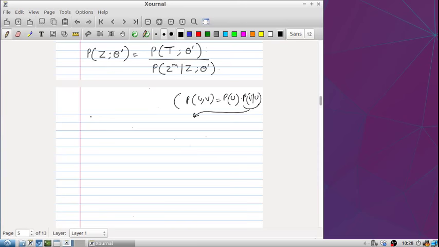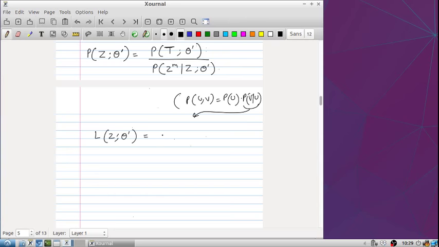Now take the log on both sides. The left hand side is the log likelihood that we care about, L of data given a parameter theta. That's the log likelihood of the data given a fixed parameter theta prime.